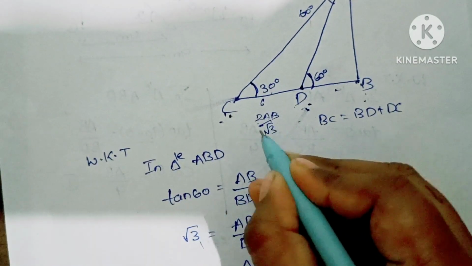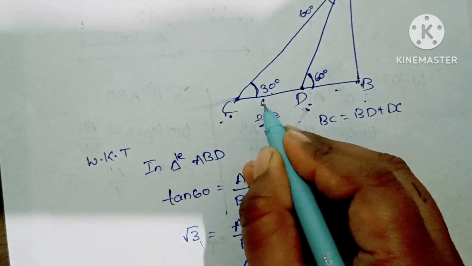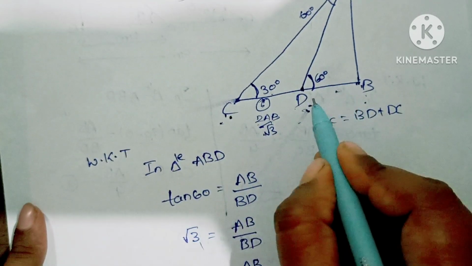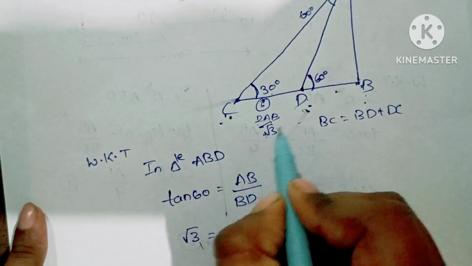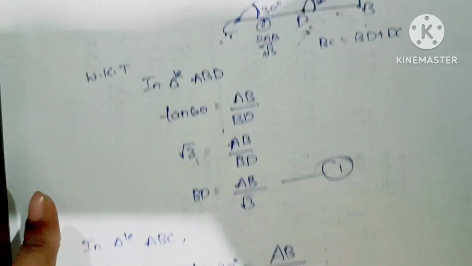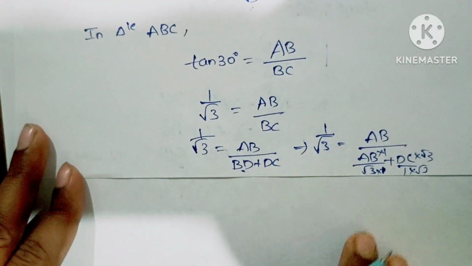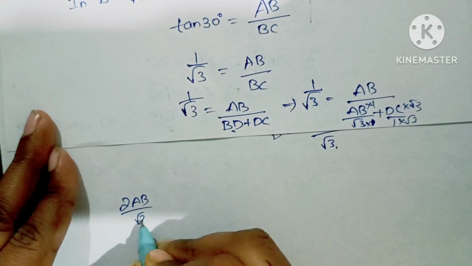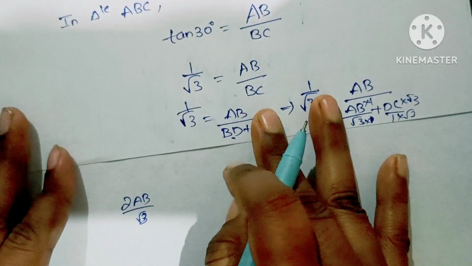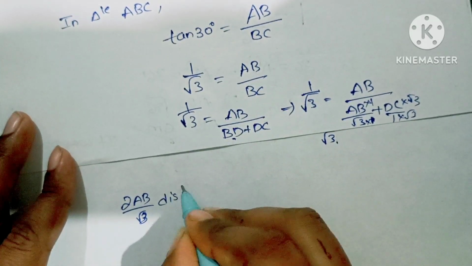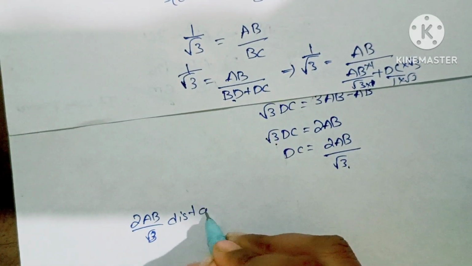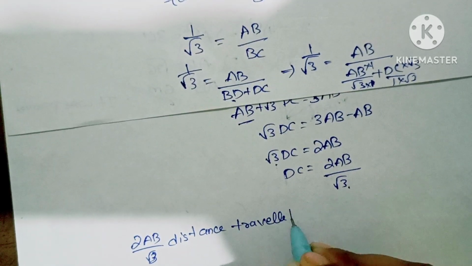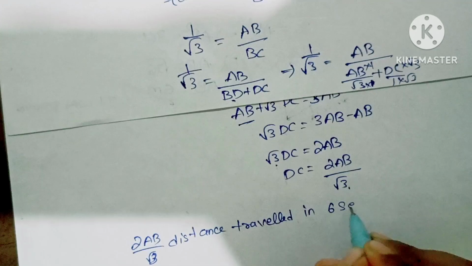So this distance it traveled, but it took 6 seconds to travel it. So for traveling DB, how much time it took, see here, 2AB by root 3 distance traveled in 6 seconds.